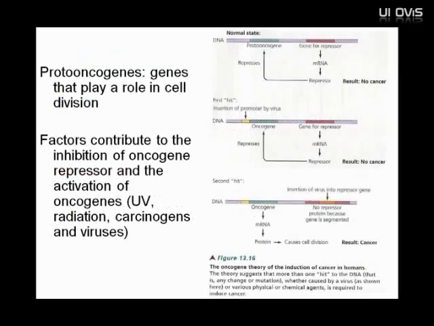This slide tells you about the theory of the induction of cancer in humans. The theory suggests that more than one hit to the DNA, that is, any change or mutation, whether caused by a virus, shown here in the second part of the figure, where the yellow one is the insertion of the virus, or various physical or chemical agents, is required to induce cancer.